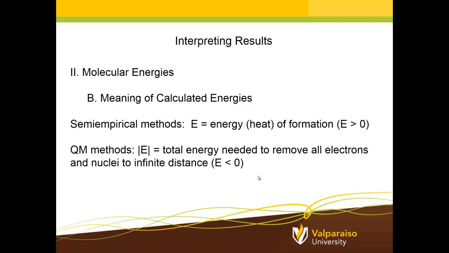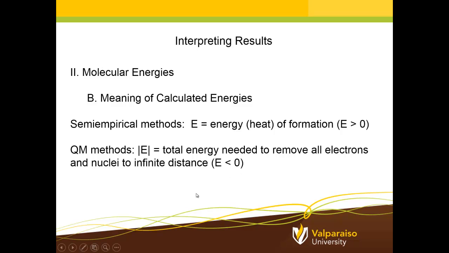Because semi-empirical methods rely on some approximations and even sometimes experimental information incorporated into the method, that energy is designed to give you an estimate of the heat of formation of that molecule. It's still in units of Hartrees, and probably you would want to convert that into kilocalories per mole. But that's what that energy means, and that's why it has a positive sign.